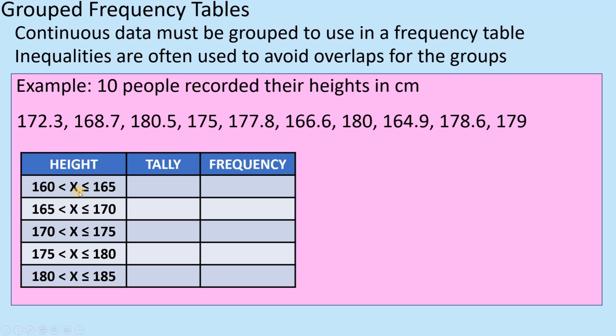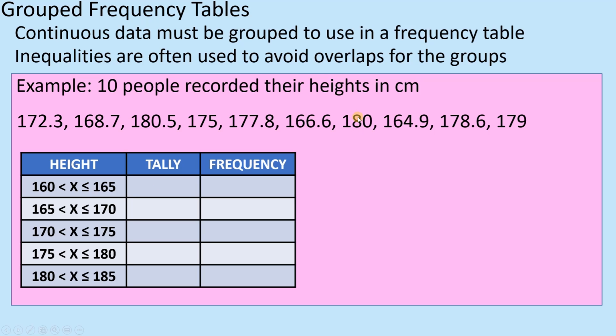Well, this is where the inequalities come into play, because anything that is exactly 165 will go into this one because it says less than or equal to, and that's important. Whereas this one, if it's 165 exactly, it doesn't fit within that because it's not or equal to. So this variety of inequality used here supports the idea of determining where 165 exactly goes.